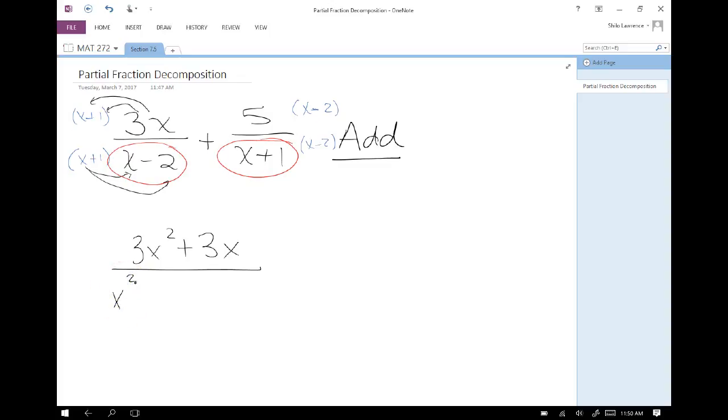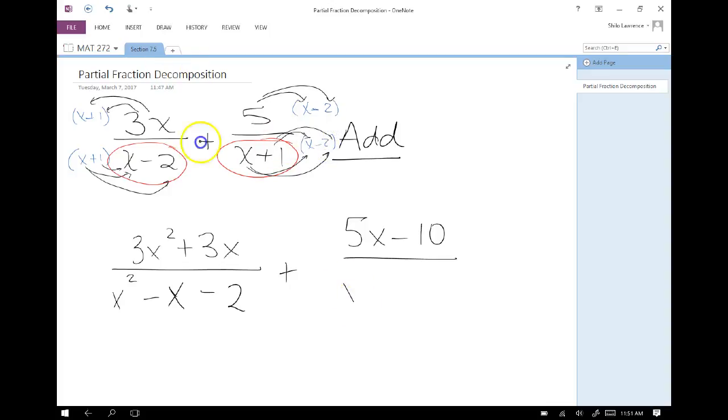It's x squared minus 2x plus 1x, which is a minus x, and then minus 2. And then we need to distribute here. That's going to be 5x minus 10 over, and if we FOIL here, we should get the same denominator because it's got the same two factors. It's x squared minus 2x and plus 1x is a minus x, and then a minus 2.